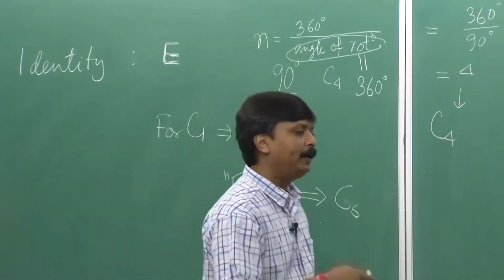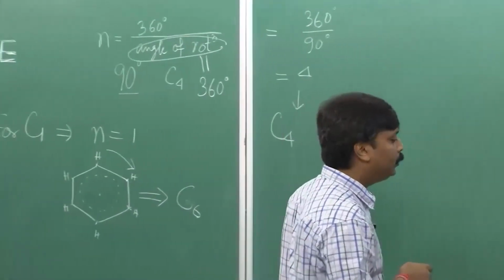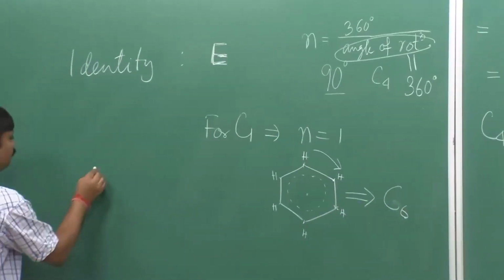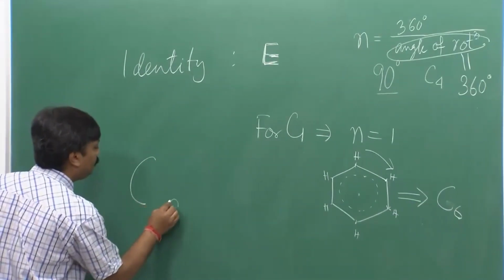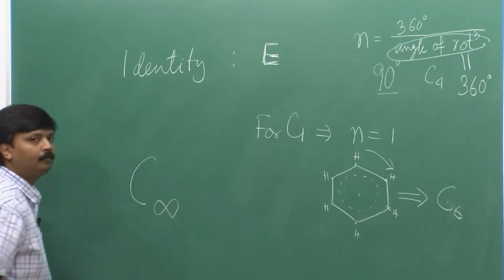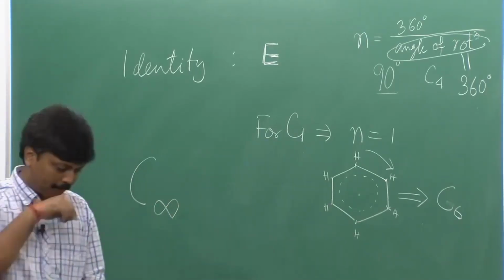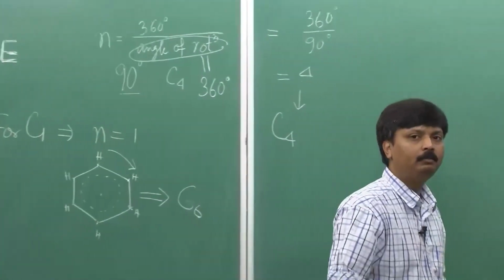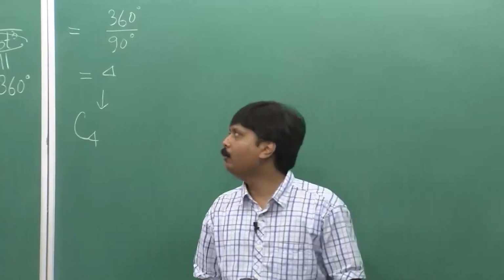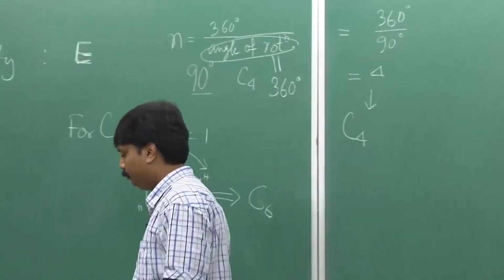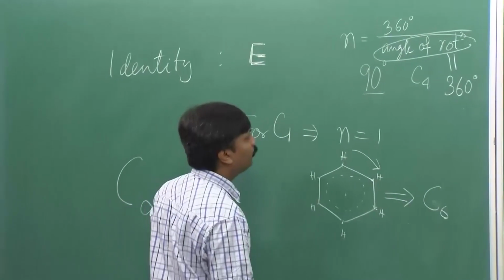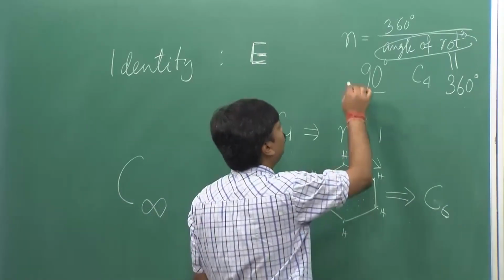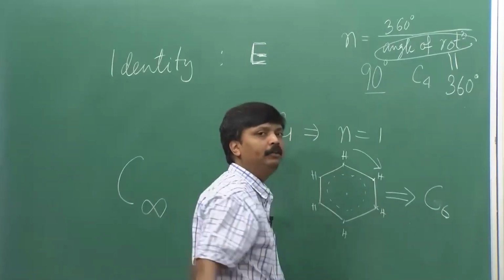Now, in that way I can go on increasing. So can I have something which is C infinity? That's the question, right? So from this expression it looks like, yes, I can have. What is the solution? That means here I have to have n equal to infinity, right?